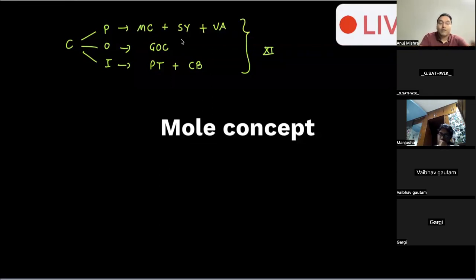Physical chemistry is the portion in which we do more calculation-based things, more questions based on calculations. Organic chemistry also, like I normally say, is just one topic. Organic does not have multiple topics. Though we can say there are alkane, alkene, alkyne, alkyl halide, alcohol, phenol, ether, actually it is one segment. If you know organic, you can solve any question end to end.